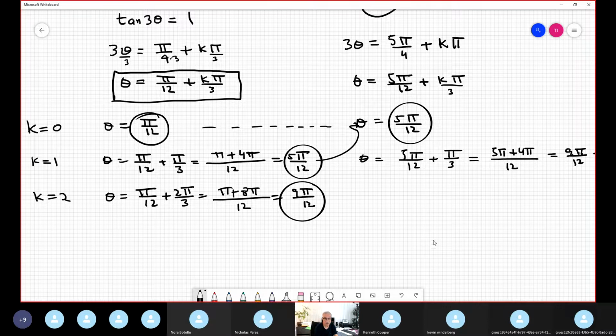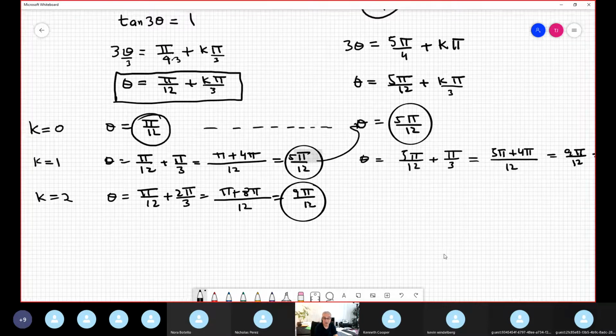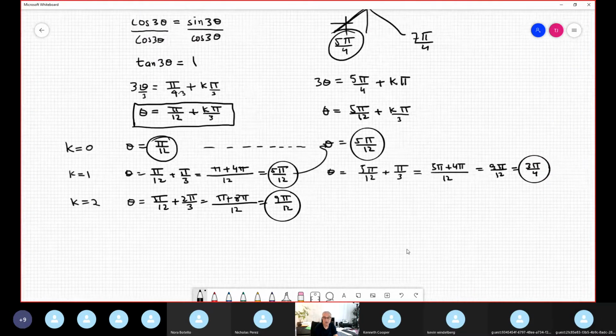The solution of the next k is equivalent to the solution for the previous k in the other equation, but sometimes it happens, sometimes no. For k equal 3, how do you know when to stop? Well, when you overcome pi, because the period is pi, and 9 pi over 12 is less than pi.